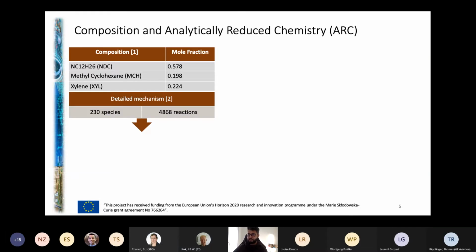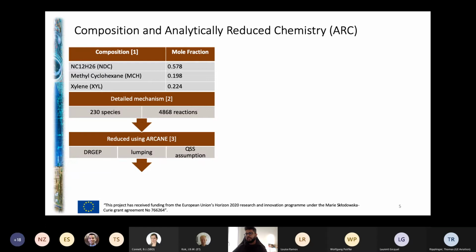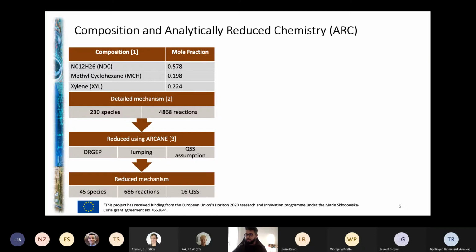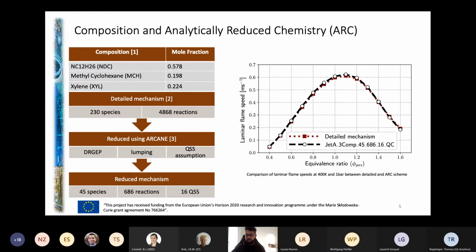You have a detailed mechanism of 230 species, which is probably too stiff and too large to run on a realistic case. This part of the work was done on another project with whom I coordinate. There are standard reduction techniques, and we end up with something that is more manageable, but you still retain the original properties of propagation speed, thickness, and heat release mechanisms.